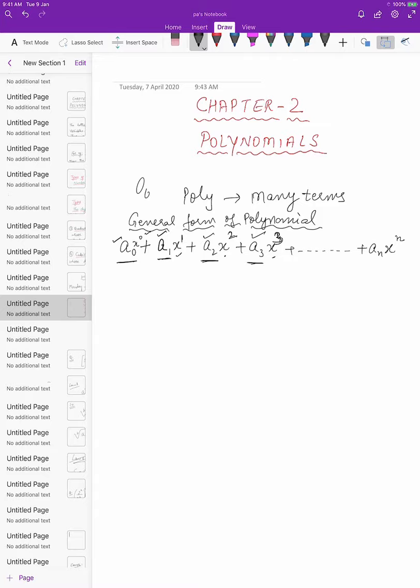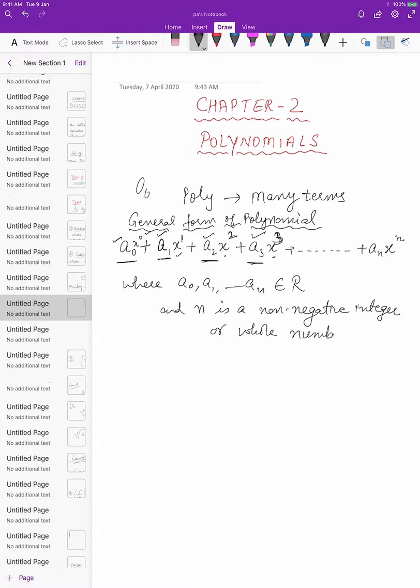So I now repeat the definition of a polynomial: the general form of a polynomial is given by this expression, where the coefficients a0, a1, a2 up to an all belong to real numbers. And what is n? n is a non-negative integer, or in other words, I can also call it a whole number.